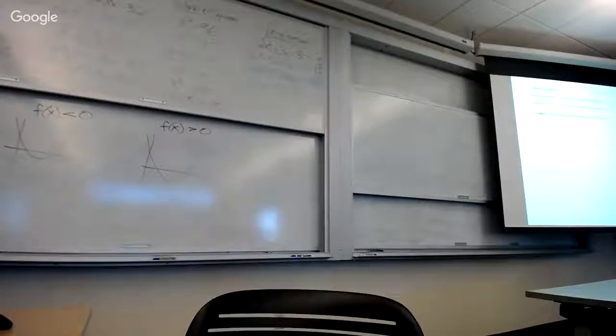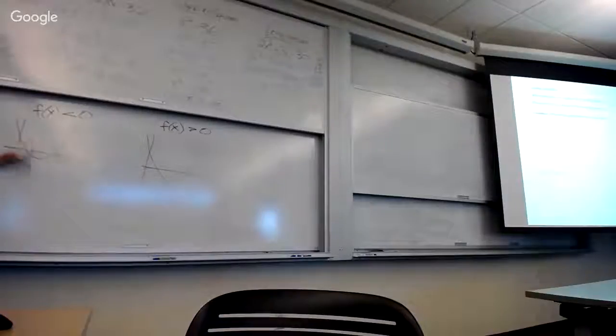Don't shout it out just yet. What do we mean f of x is less than 0? You have all the clues on the board that you need to think about this. What is f of x again? The y value of the coordinate. And less than 0 means that that number is less than 0, which means that number is negative, a negative number. And where are y values negative?